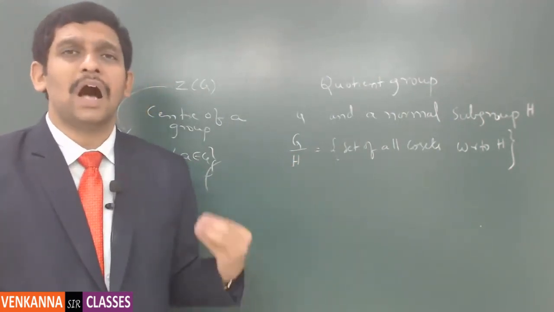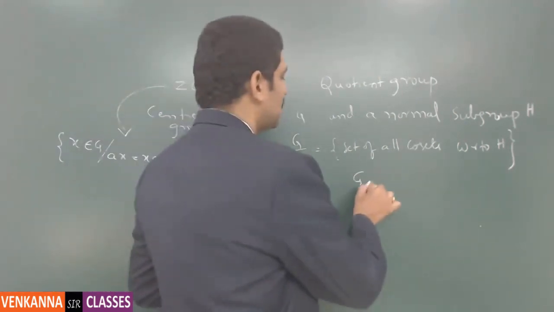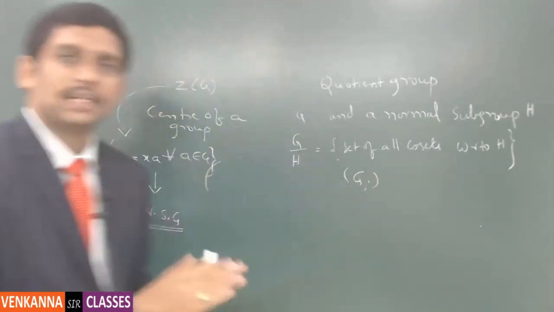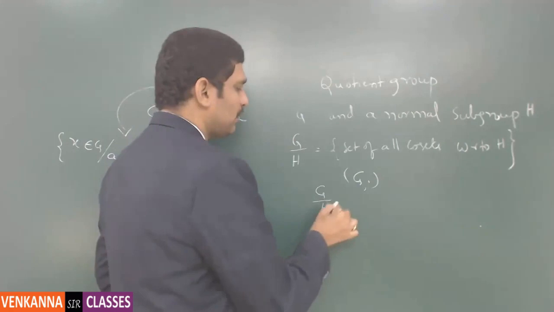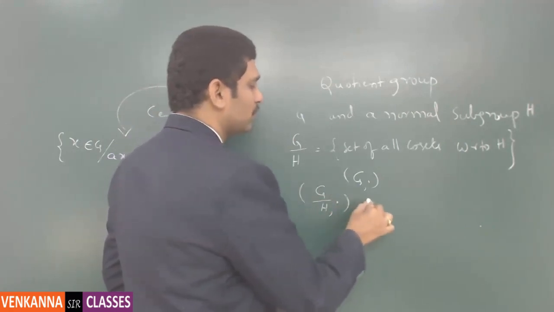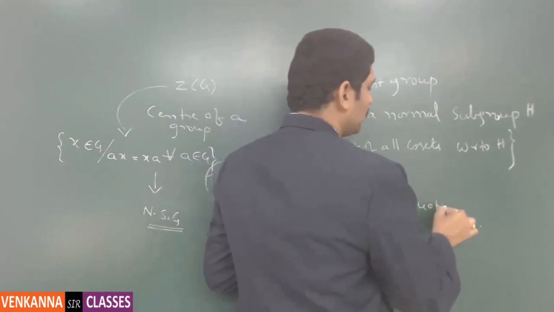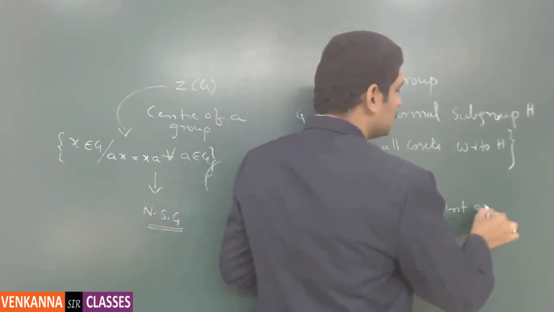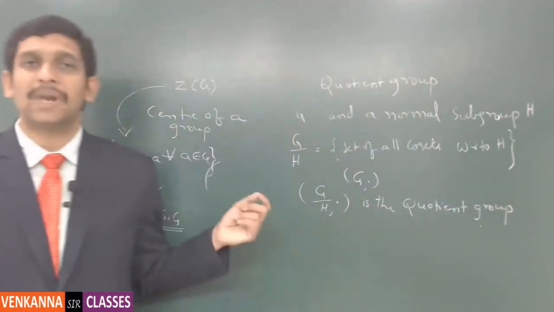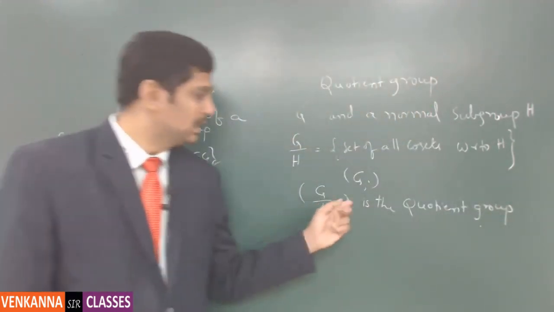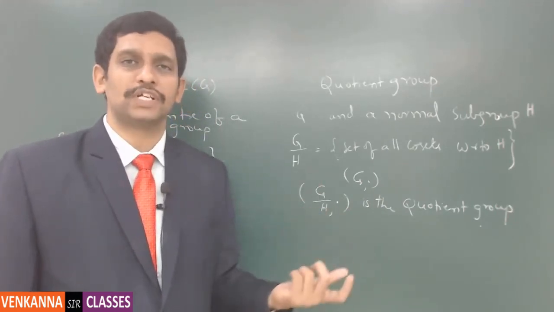And what could be the operation here? If G, dot is a group, then G by H, dot is the quotient group. Here we consider dot as multiplication of the elements, and for G by H we consider dot as multiplication of cosets.